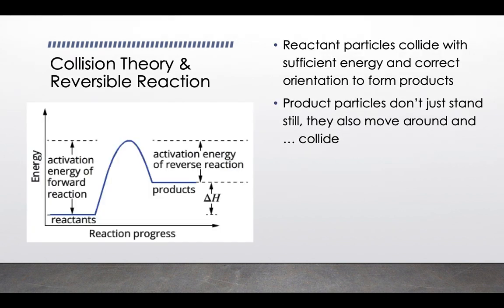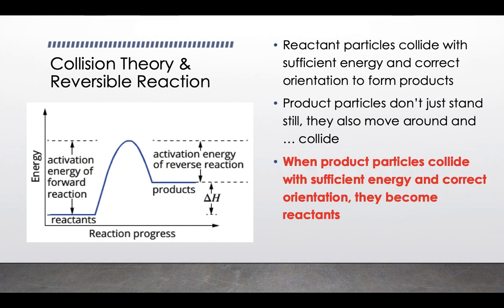Collision theory states that a chemical reaction happens because reactant particles collide with sufficient energy and correct orientation to form products. However, product particles don't just stand still. They also move around and they will collide into each other.